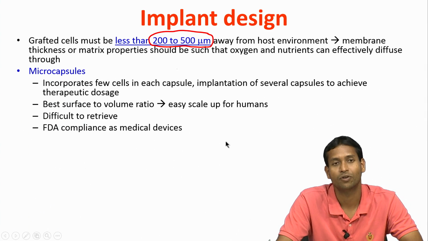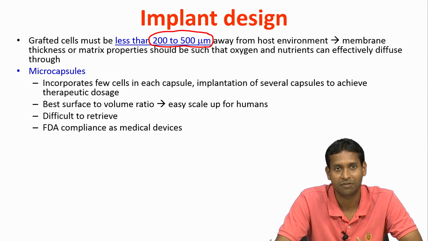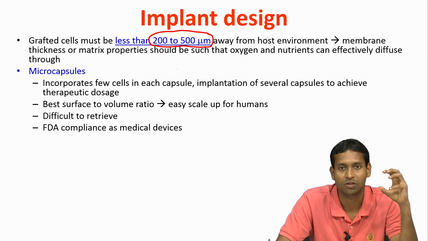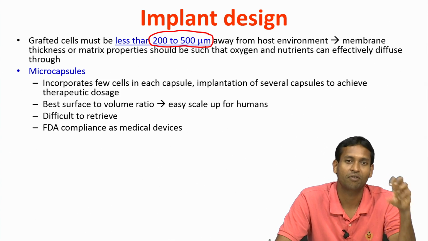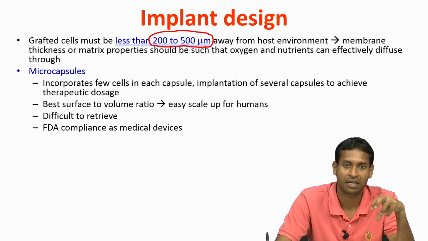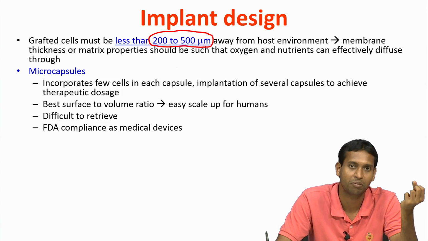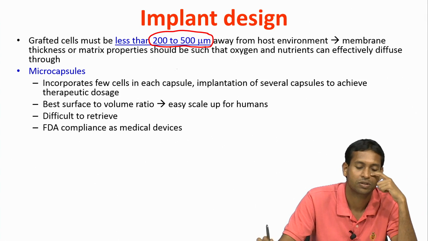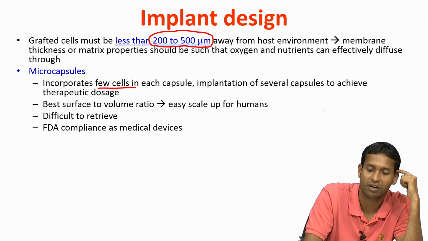So, that is why you go to microcapsules, and the reason for the microcapsule is you can make these capsules of the sizes that are about 500 micron or lower, and so that would at least ensure that from the host environment you are not more than 500 micron away.